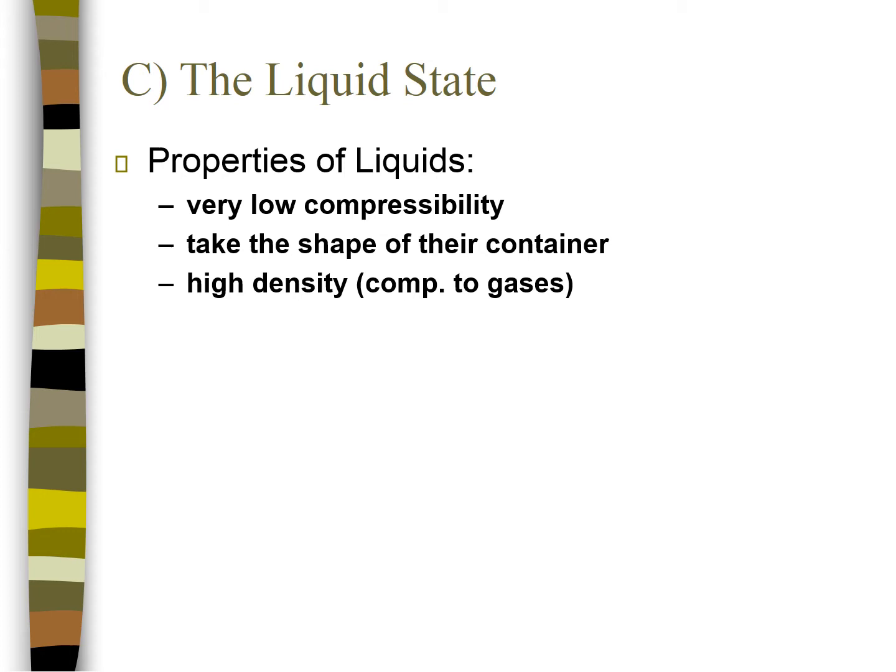The particles of a liquid, remember, are much closer together than in the gas state. The liquid particles are separated on average by less than 1 molecular diameter, whereas in the gas state at STP, there may be 10 molecular diameters between particles. So given that the particles are much closer together in the liquid state, the density is going to be much higher.